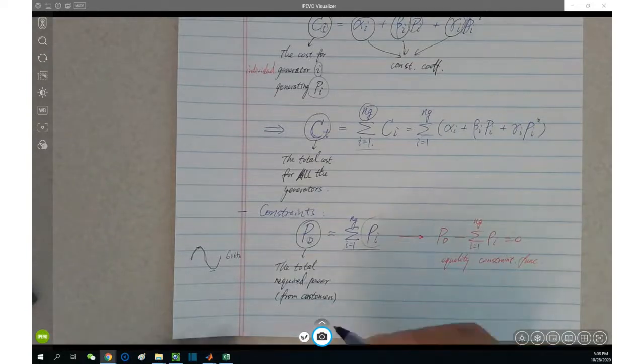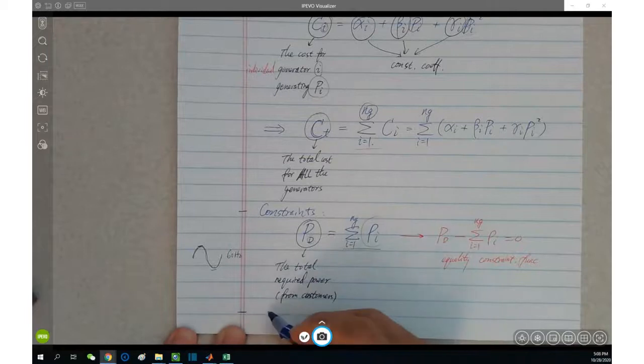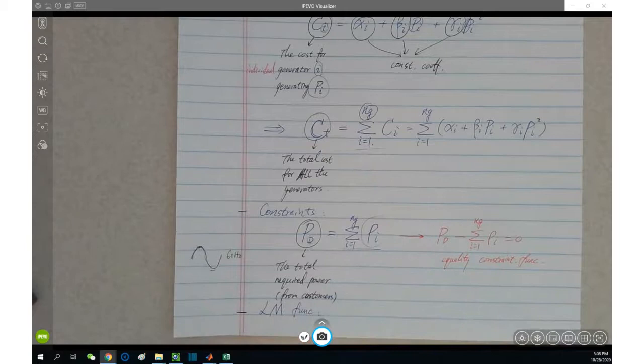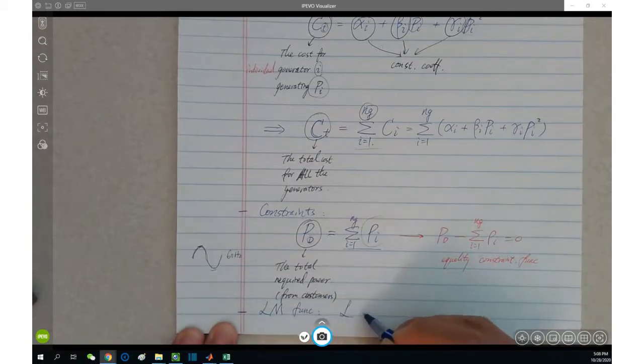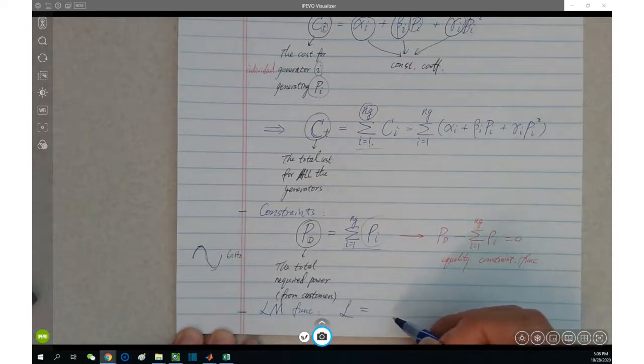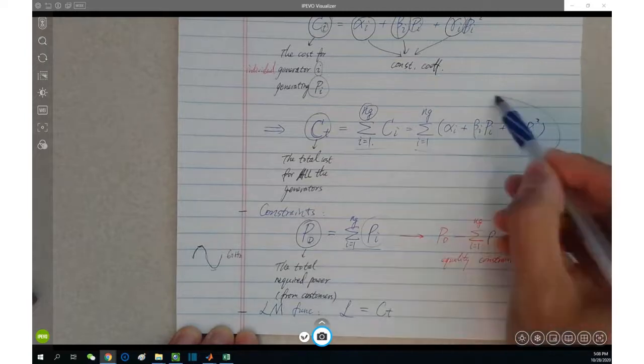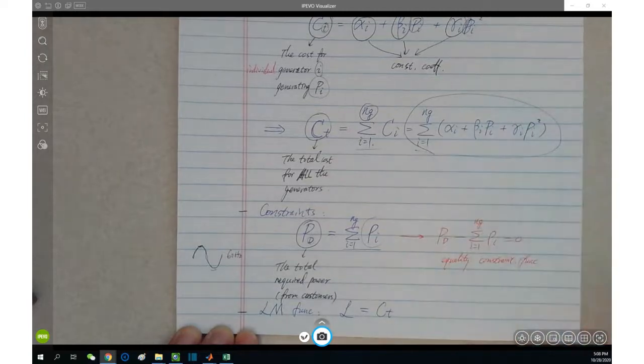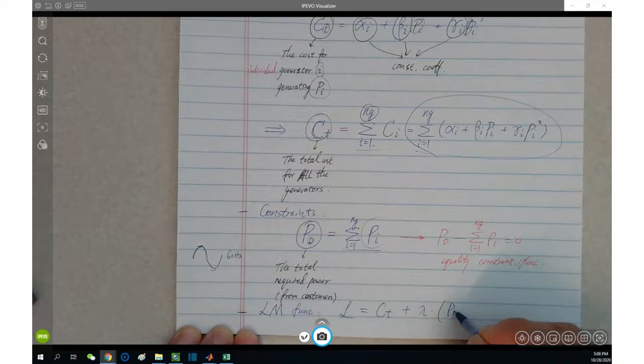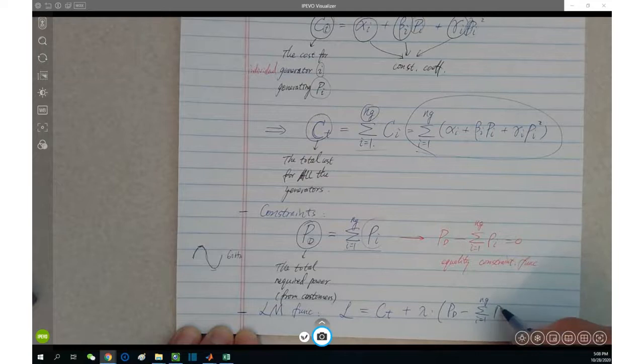And therefore, at last, the total Lagrange multiplier, it equals what? Which is here, plus lambda times PD minus the summation.